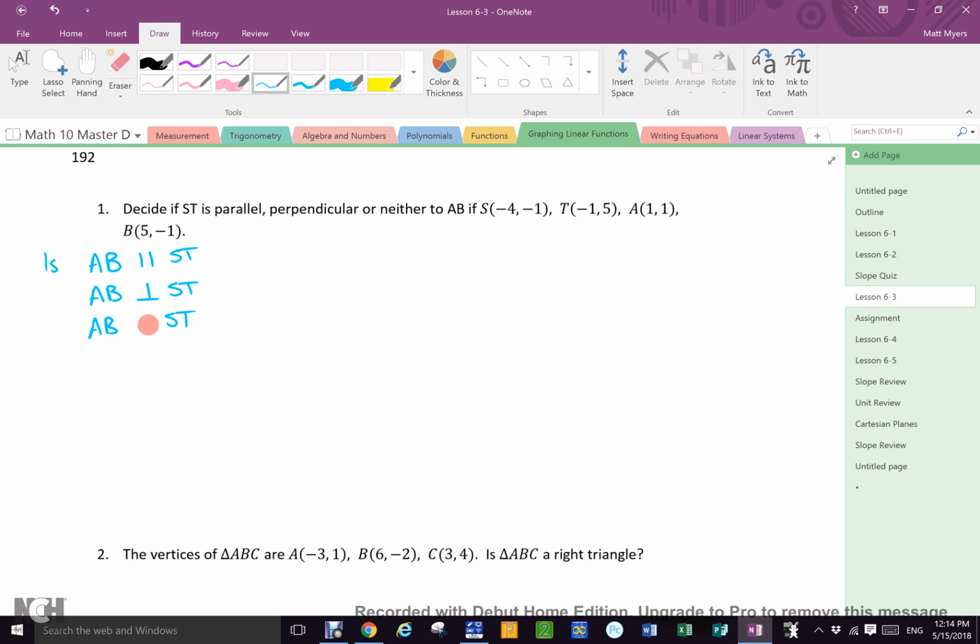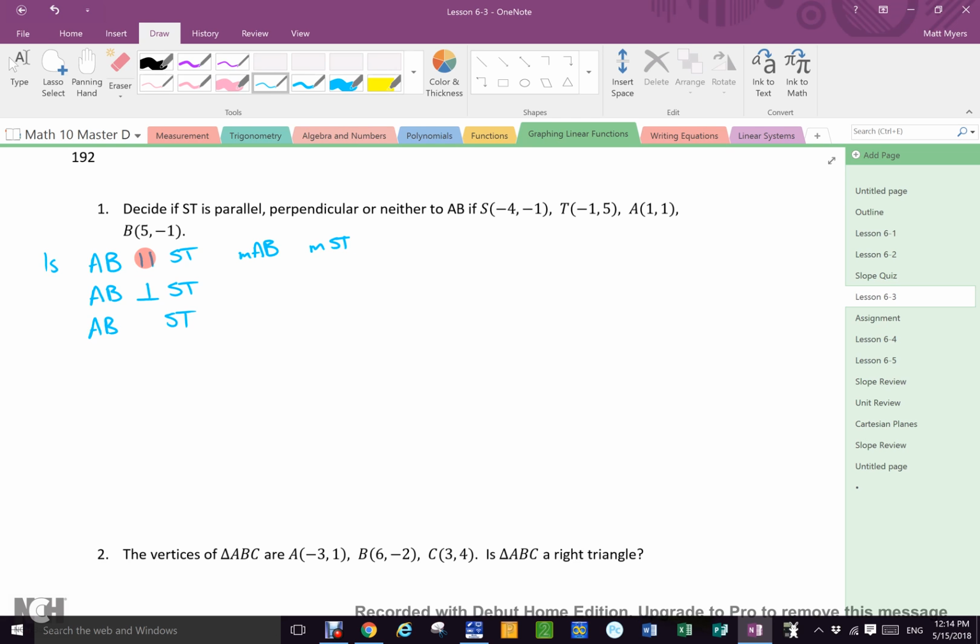Slope. If the first one is true, the M of AB will what to the M of ST? If it's parallel, what will they be? Equal. If they are perpendicular, then what will happen to the M of AB? What will it equal? The reciprocal and negative, right?